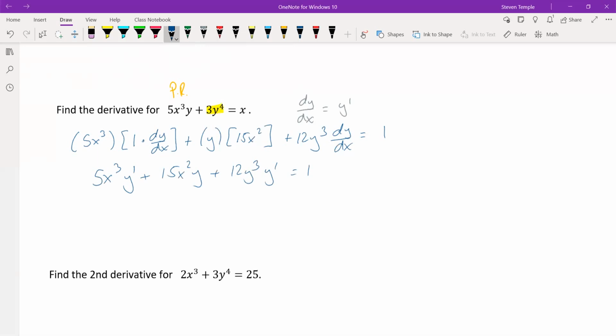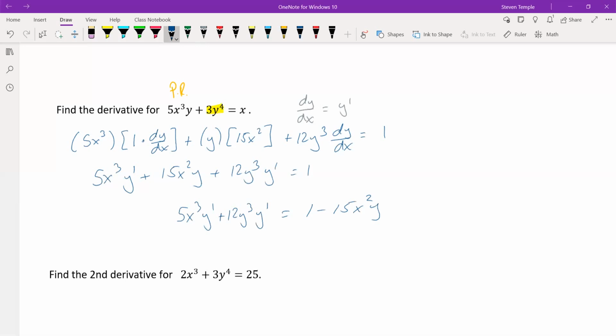Step two is to get everything that is not a dy/dx or a y prime on the other side. So 5x cubed y prime stays. The 15x squared y, I'm going to subtract. The positive 12y cubed y prime stays.